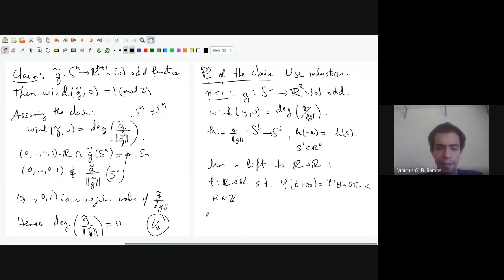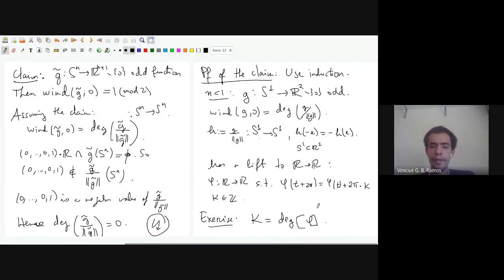And in fact, maybe this is a nice exercise. You can prove that k is the degree of the map that's induced by phi. So this doesn't require the function to be odd. Every continuous function from S1 to S1 has a lift like this. And if the function is smooth, then you can choose phi to be smooth.